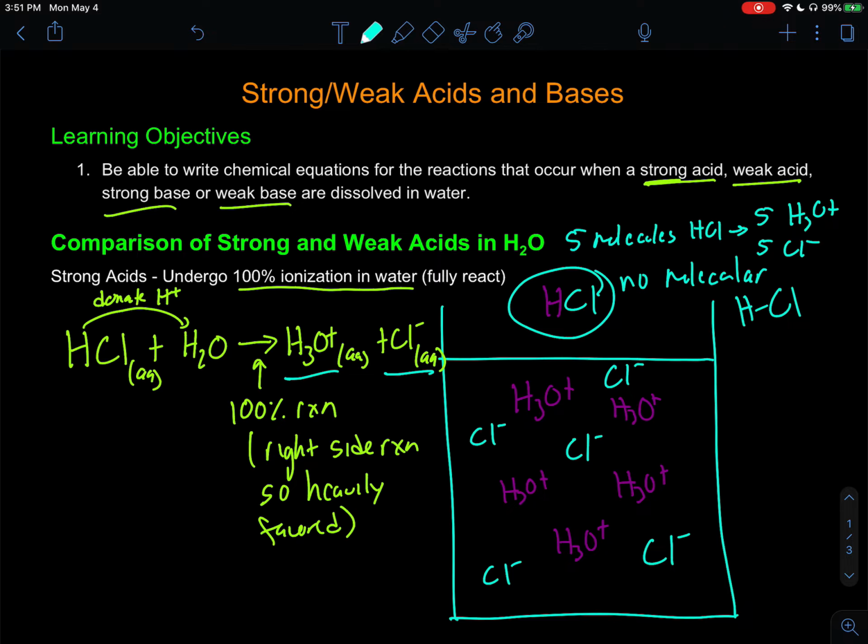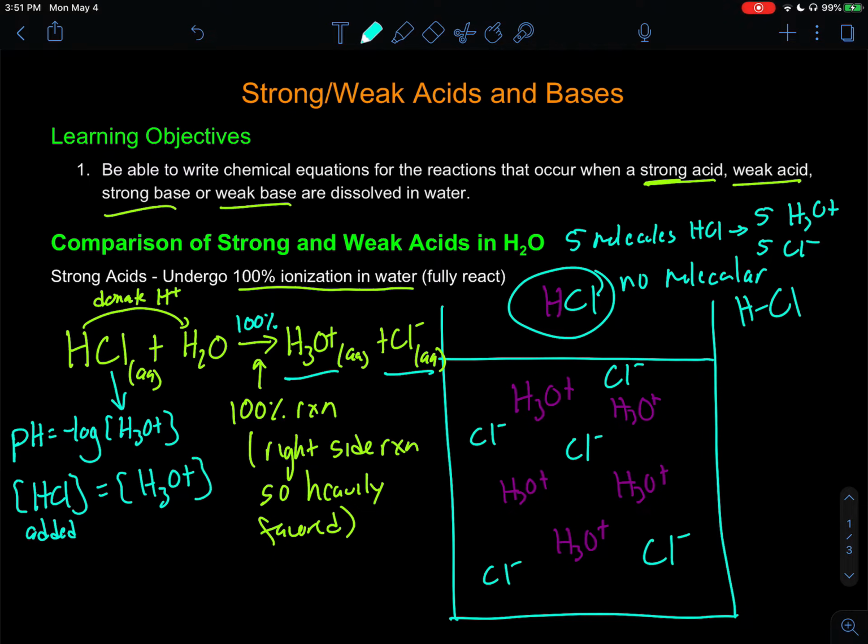Now, how does this relate to the pH of this solution? Again, reminding us, pH is the negative log of the hydronium concentration. If we get this 100% reaction, that would mean whatever concentration of HCl I have, all of that reacts to give us H3O+. So in this case, the concentration of HCl that we added is going to be equivalent to our hydronium concentration.